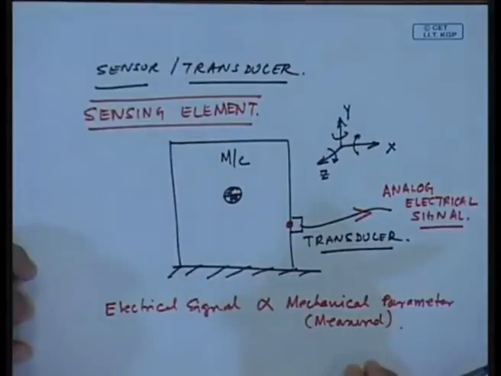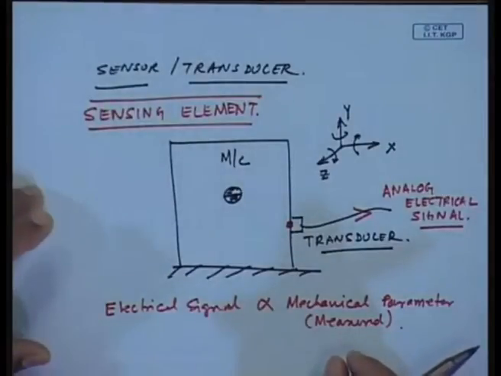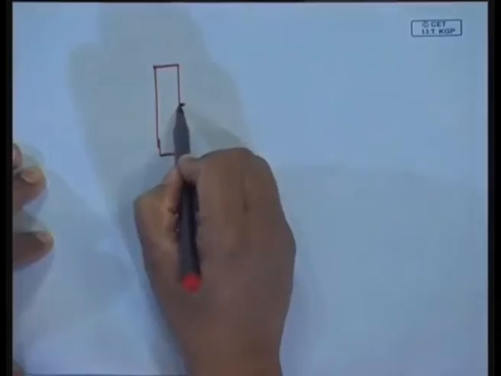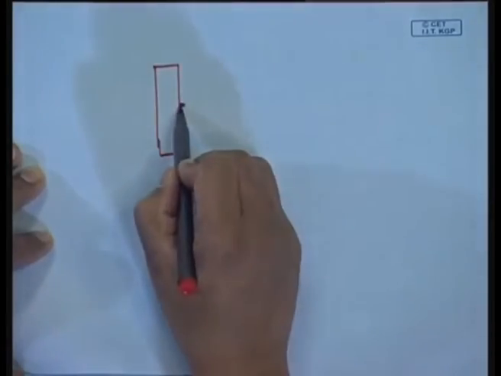The same mechanical parameter could be sensed by different sensing elements, either direct or indirect. For example, I have a body which is having a certain motion at one point. Because of the motion, there will be displacement.